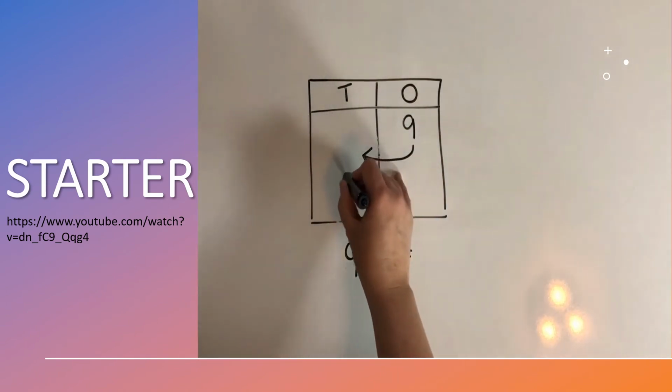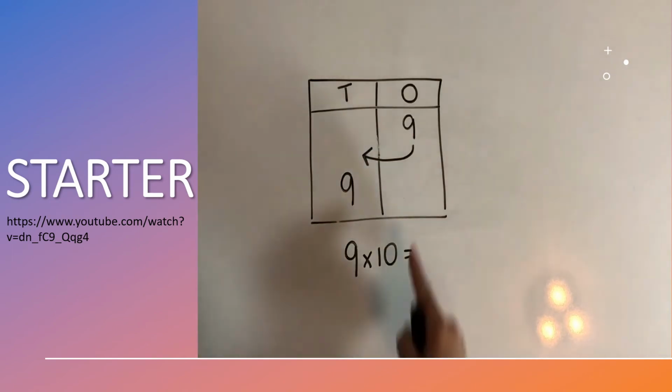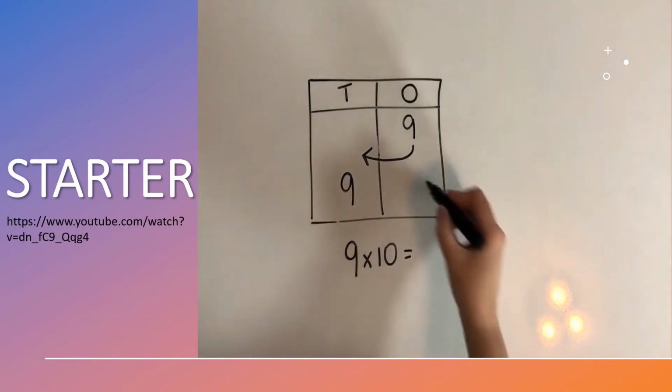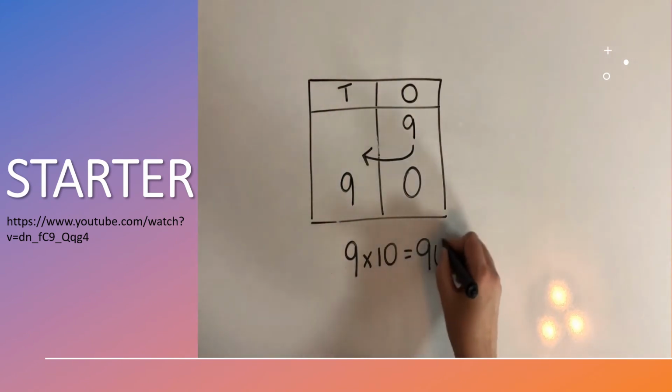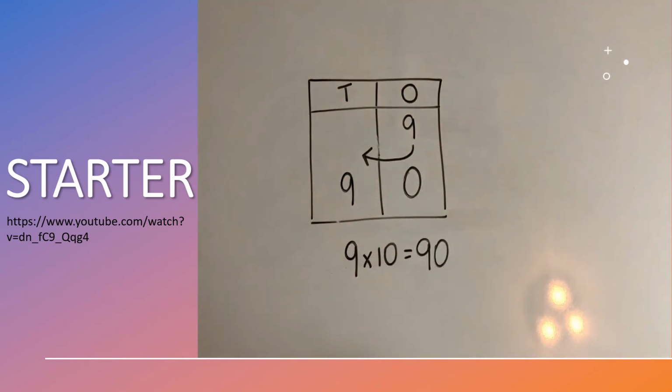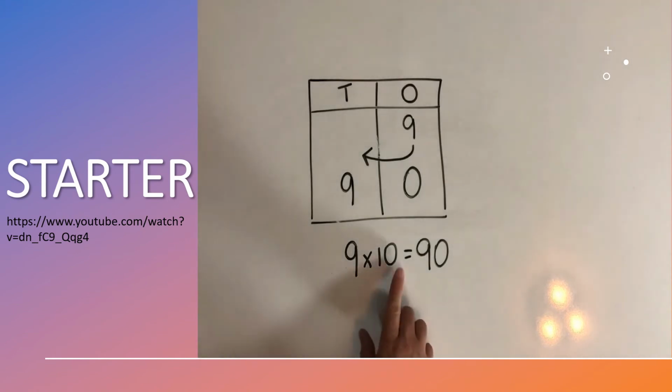So the 9 is going to come over to the tens place. Now we have an empty space in the ones, so we'll fill that with a 0, and we get 90.